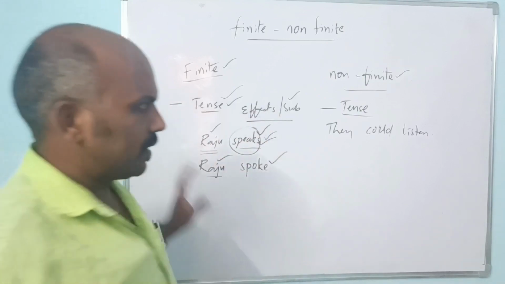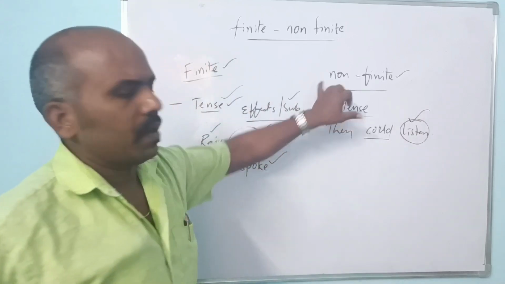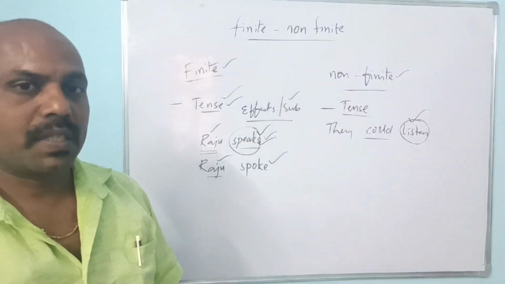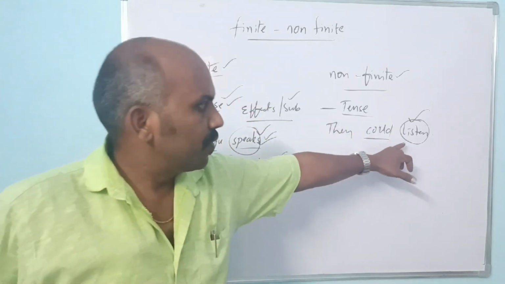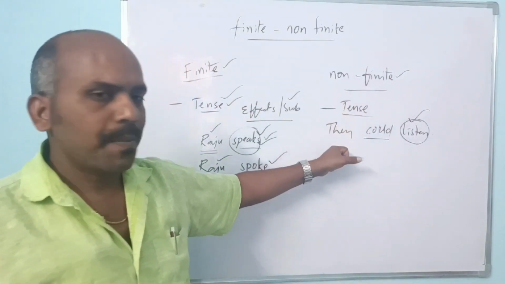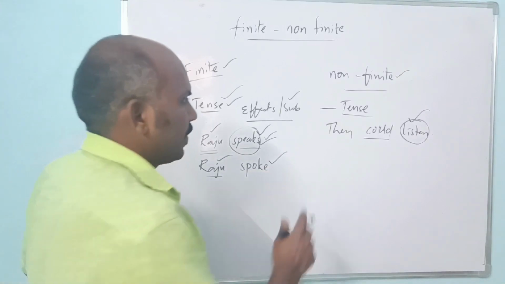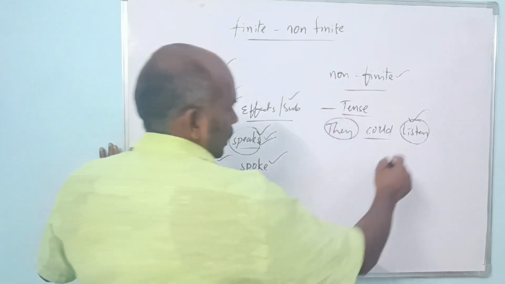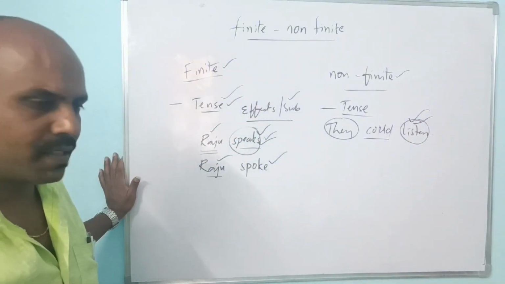So whatever verb comes after these is non-finite, because it is not in a tense, and the verb isn't affected by a subject. If we use any subject, it must be listen only.